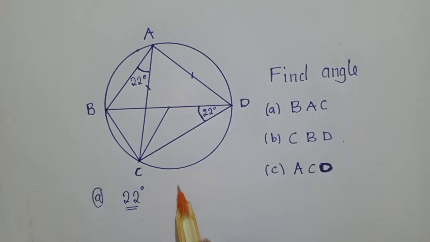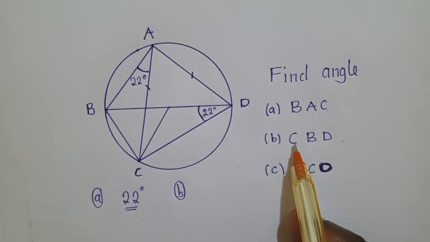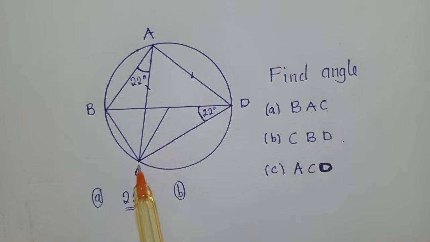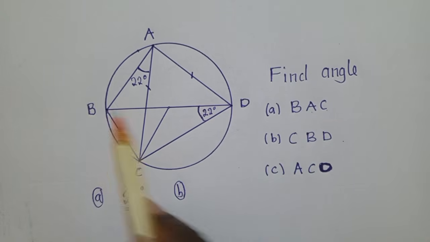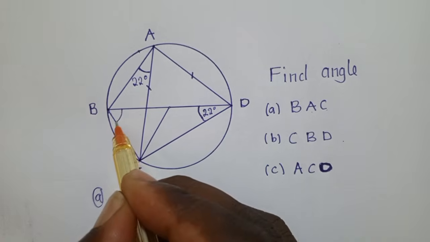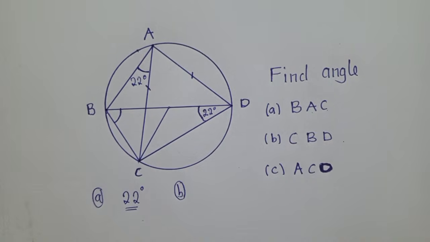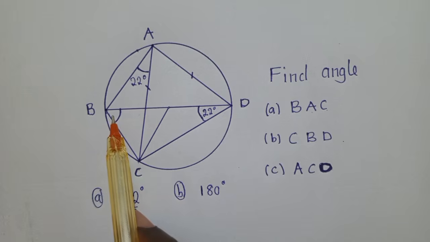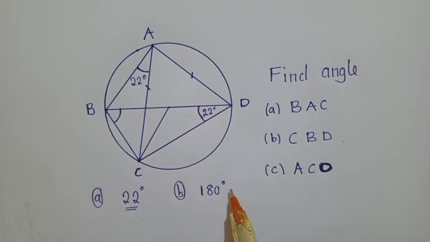For question B, they want us to find angle CBD. We are looking for this angle right here. We are going to say 180 degrees, which is the sum of all the angles, 1, 2, 3, minus.